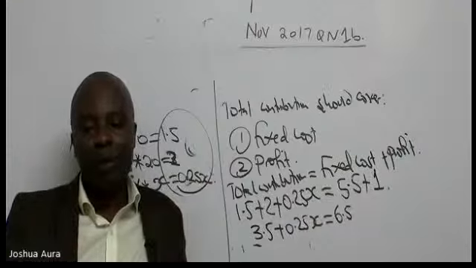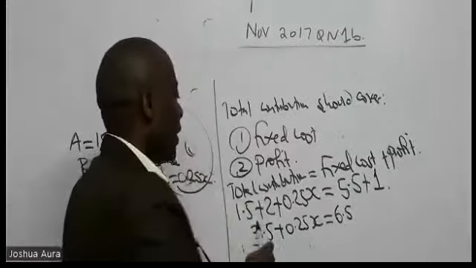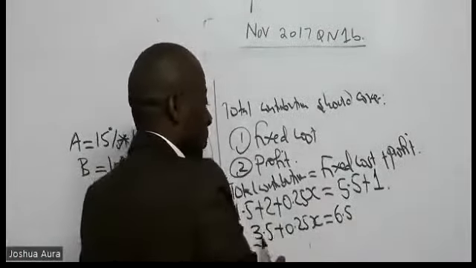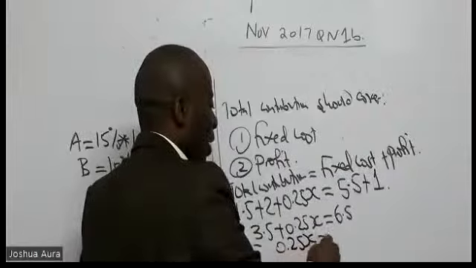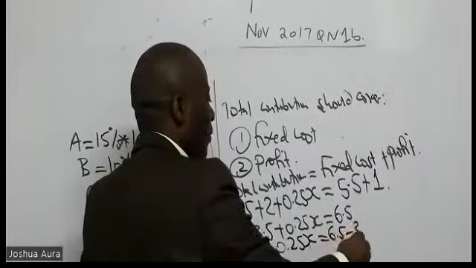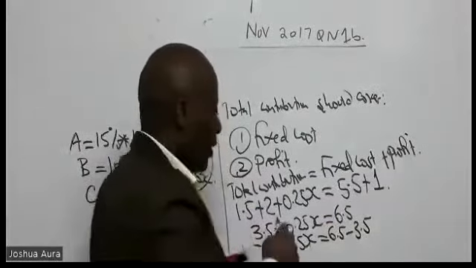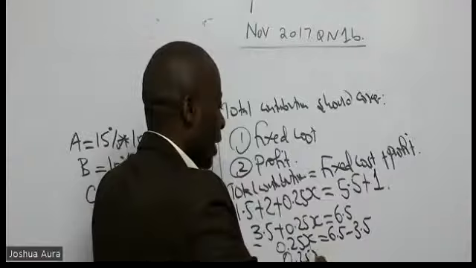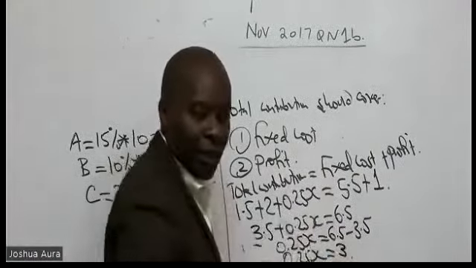Gordon Wari is able to give me 12. Thank you very much. So if you take this figure to the other side, it will become a negative. So it shall be 0.25x equals 6.5 minus 3.5 million. Ladies and gentlemen, this will be 0.25x equals 3 million.